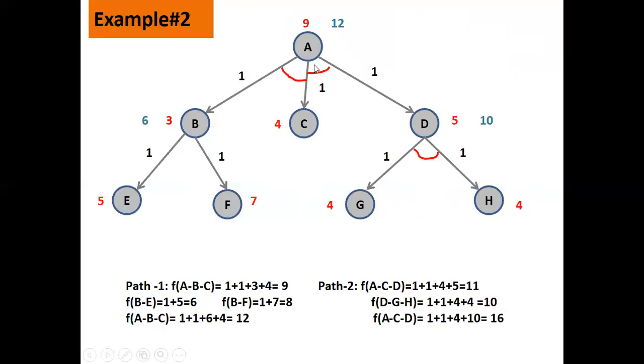So now let us calculate the cost for A, B, C. So the cost for A, B, C will be 1 plus 3 plus 4 plus 1. So it is 1 plus 1, 3 plus 4, that is 9. So if I follow the path A, B, C, the cost of node A will be 9.